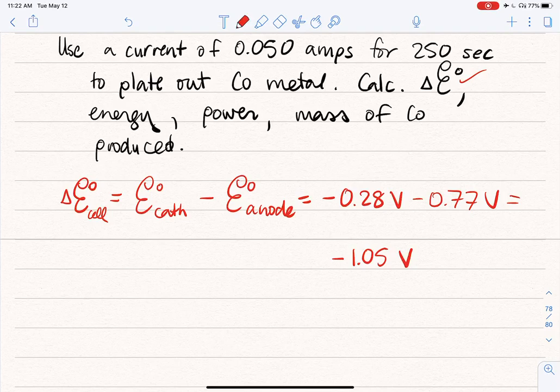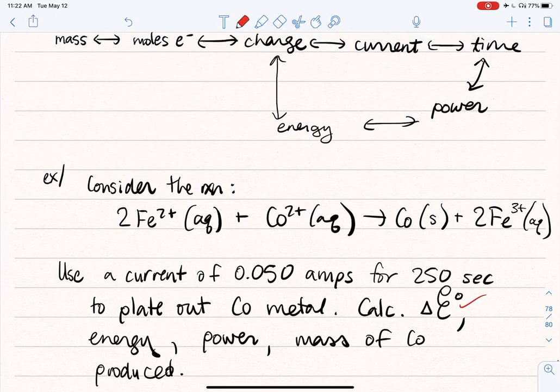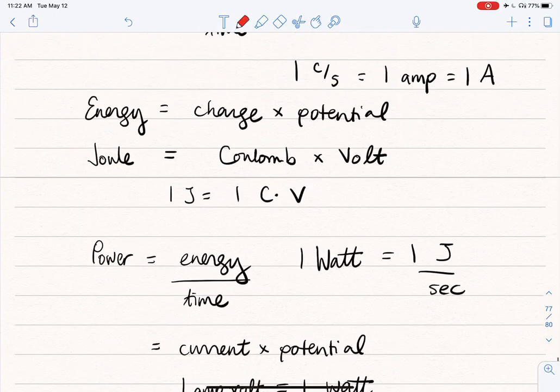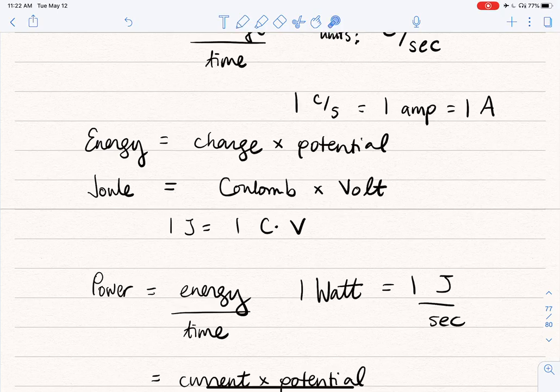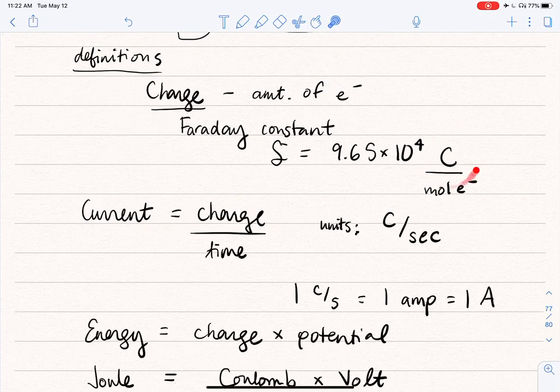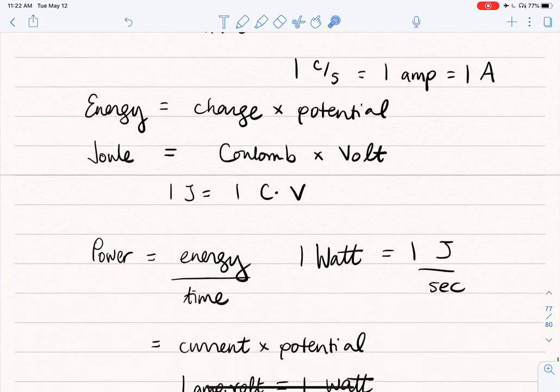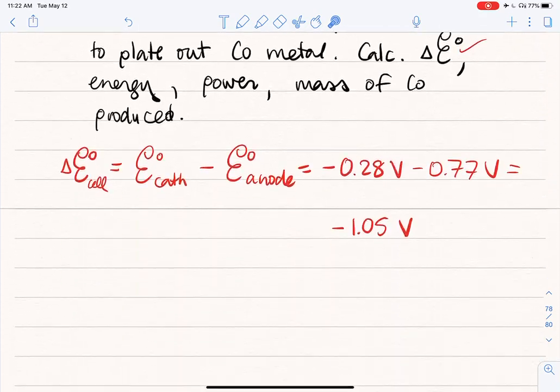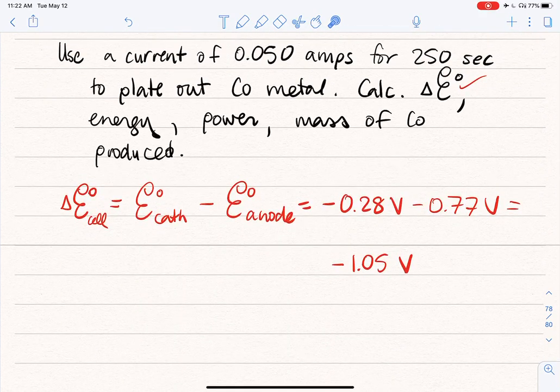You are also asked for the energy. Okay, so what's energy? Let's go back to my definitions. Energy is charge times potential. I just calculated the potential, so now I need to figure out the charge. Charge is in coulombs, and I have the current in amps. That was given to me in the problem.